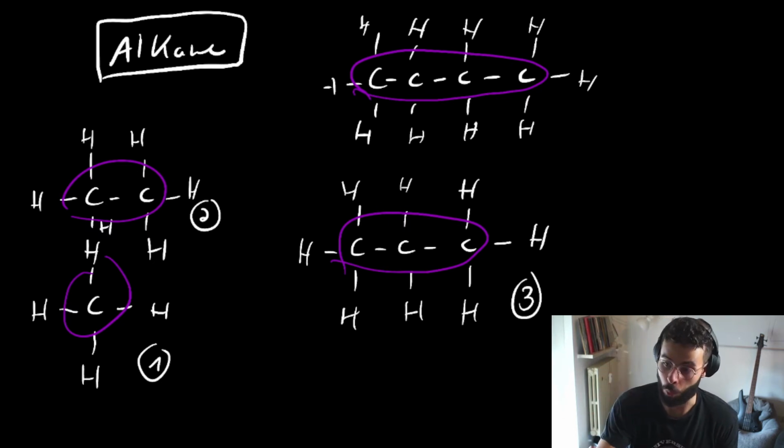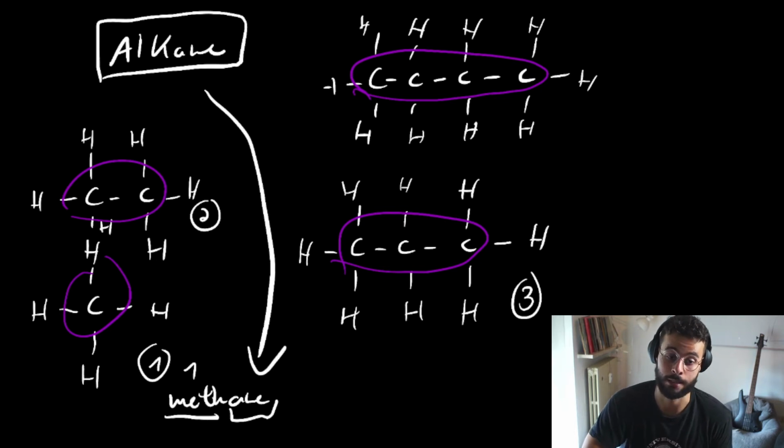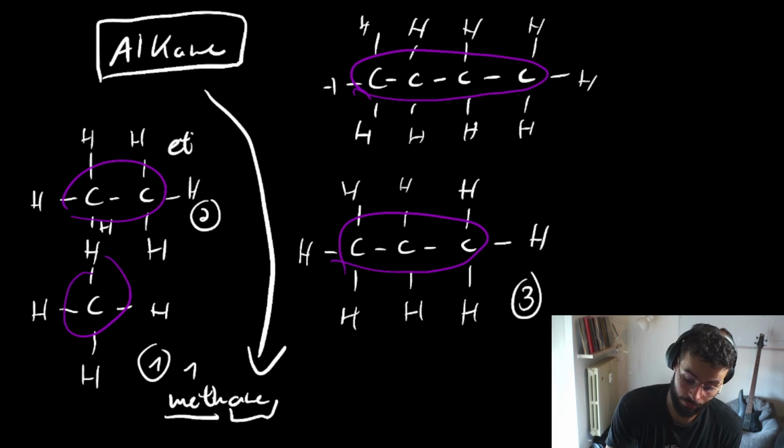If we have 1, we name it methane. So it's divided into meth, which is 1, and ane for the alkane. This is why it is named alkane. If we have 2, it is called ethane. So the ane again is for the alkane, the eth for 2.